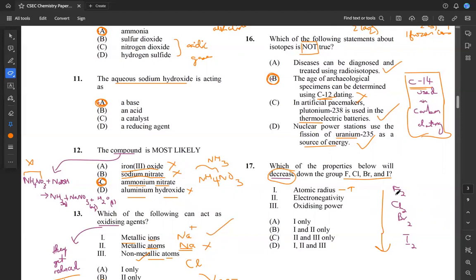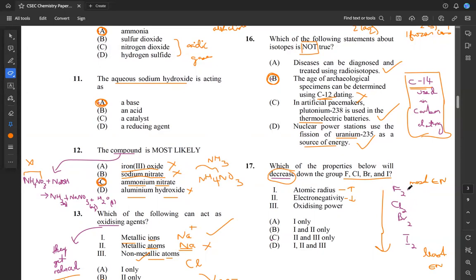Electronegativity, as it relates to the elements in group 7, we know that the ones at the top are most electronegative. So the electronegativity is actually going to decrease as you go down the group, because remember that most electronegative is up here, and then least electronegative is down at the bottom of the group, right? So we know that that's something that's going to decrease as you go down the group, right?